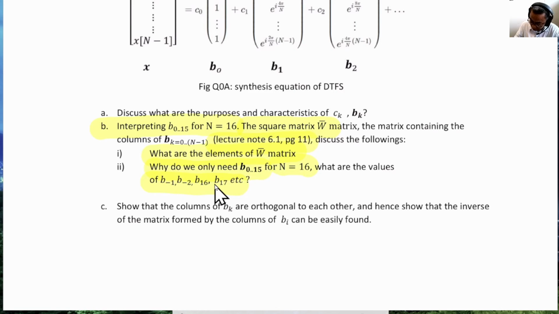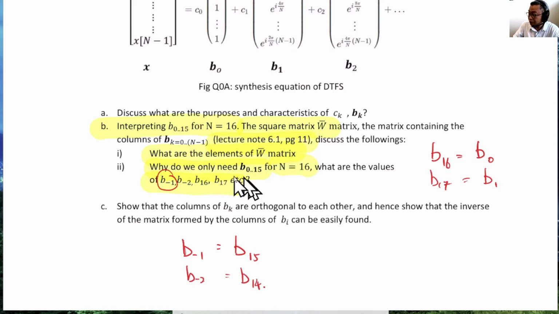You can try to calculate B16 and you realize that B16 has the same value as B0. B17 has the value of B1. What about B minus 1? B minus 1 has the same value as B15. B minus 2 has the same value as B14.